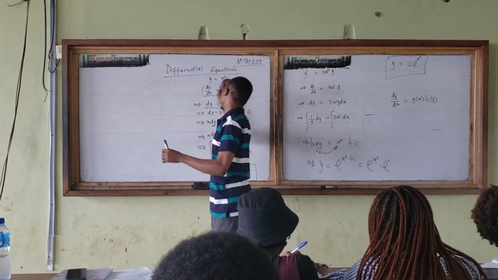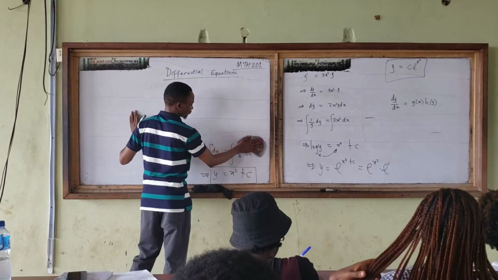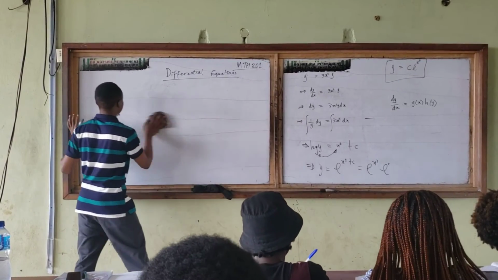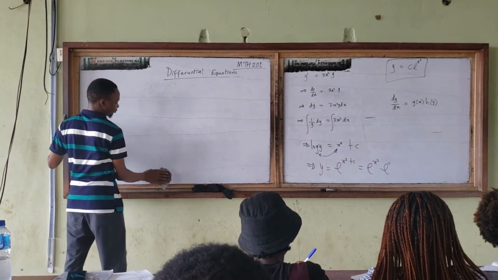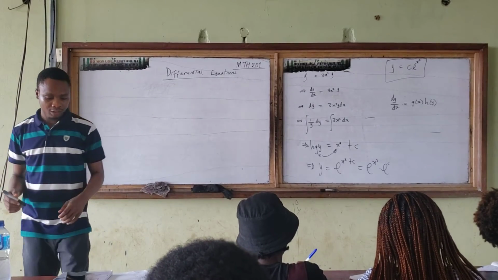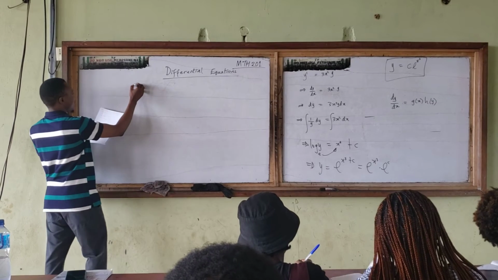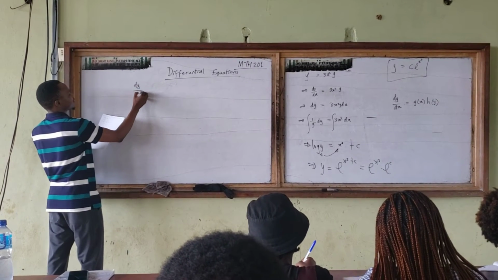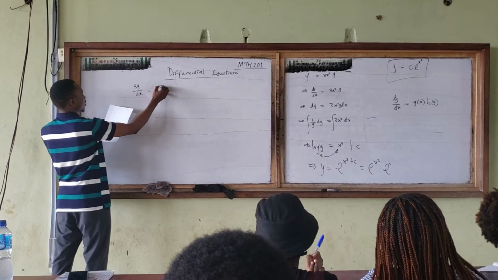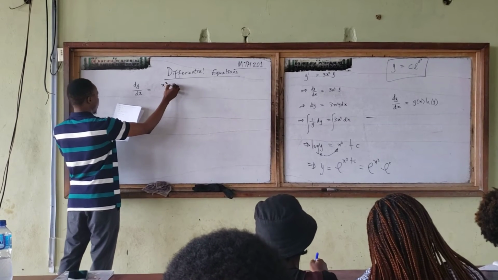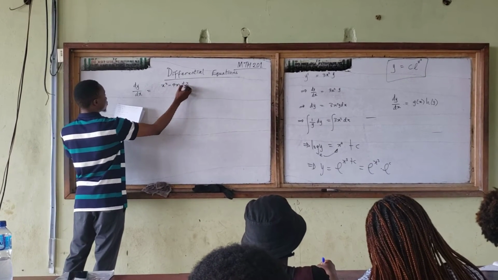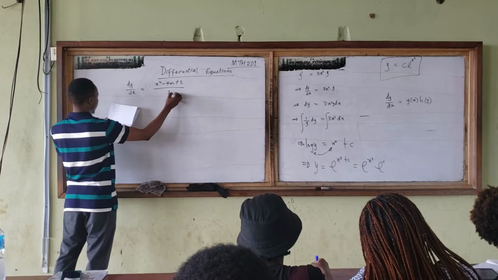Alright, let's solve this together quickly. You have y prime, the same as dy/dx, equal to x squared minus 4x plus 2 all over y, right?